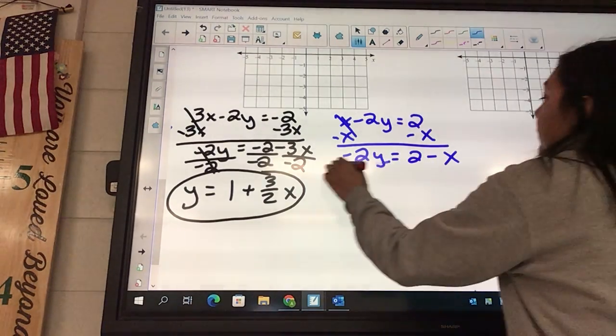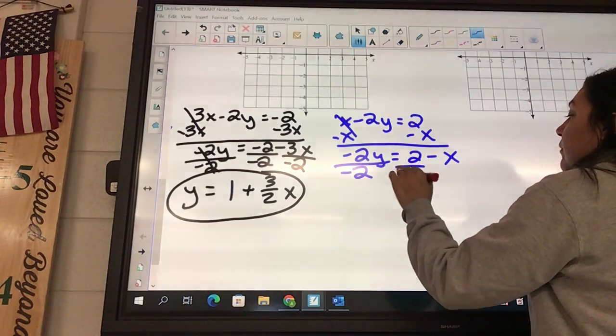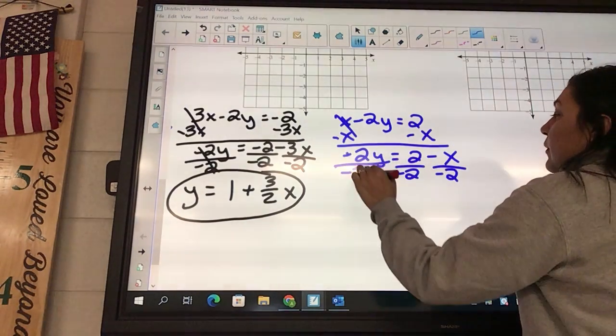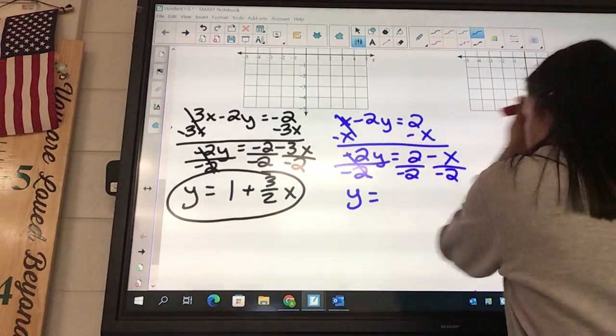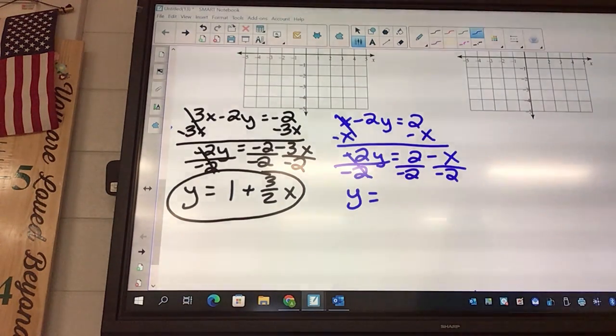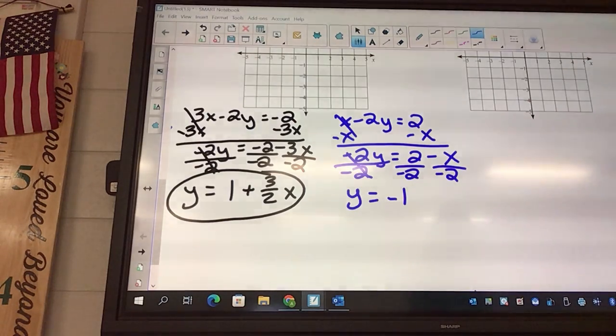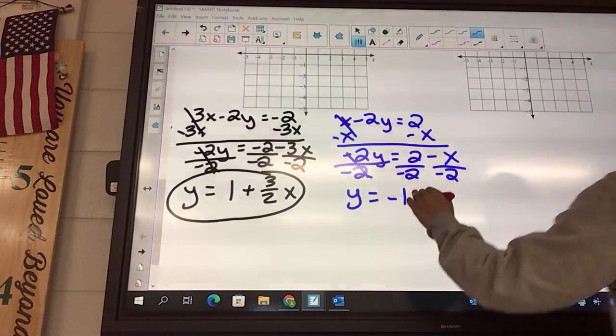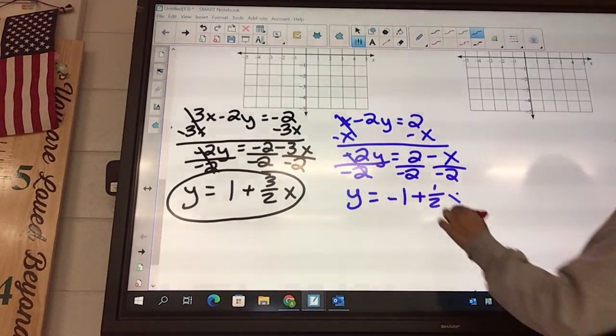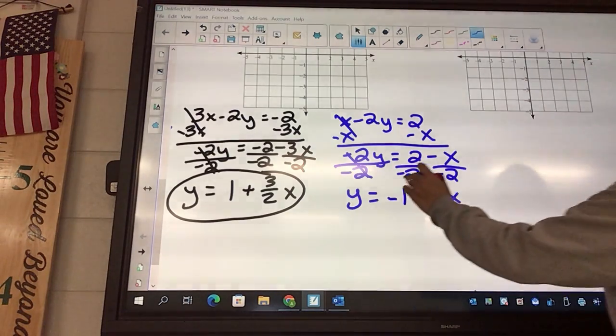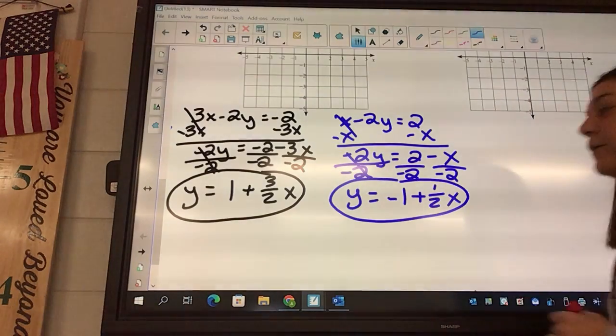Then I divide by -2. So I got y equals, what is 2 divided by -2? -1. -x over -2, plus 1/2x. Okay, and then this line is ready to be graphed.